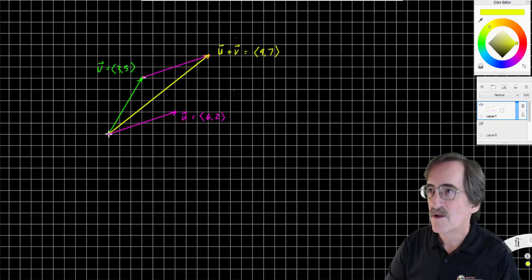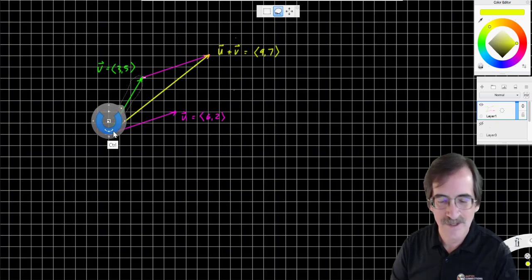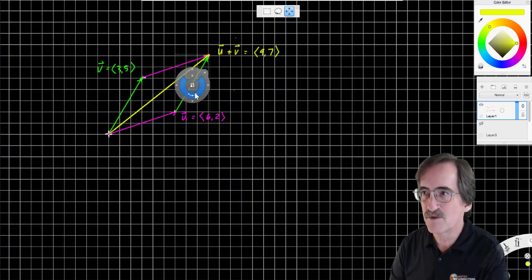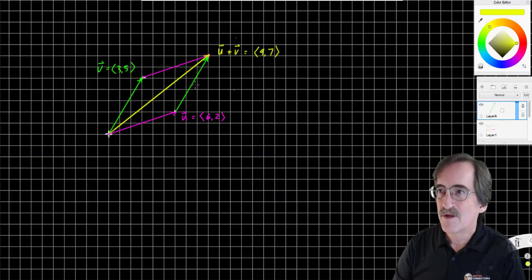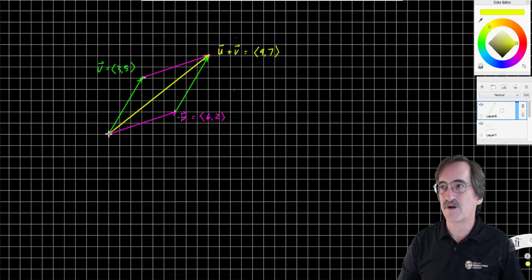Oh, gotta grab the right tool. Technology. Love it or hate it. It allows us to do a lot of things that we couldn't do otherwise. But when it misbehaves, or when we misunderstand or misuse it, we can stack the green tail to the purple head. And this brings out another idea here, and that is that we can use what's called the parallelogram method. Okay, so draw a parallelogram with both vectors, and the resultant vector is the diagonal of the parallelogram.